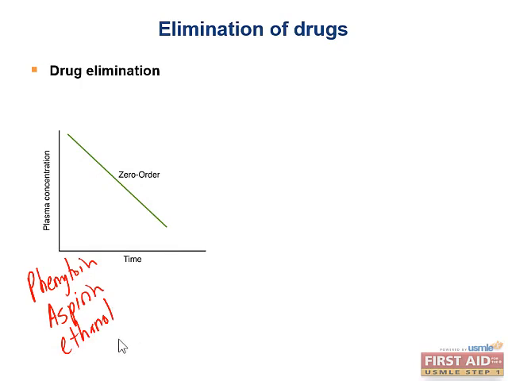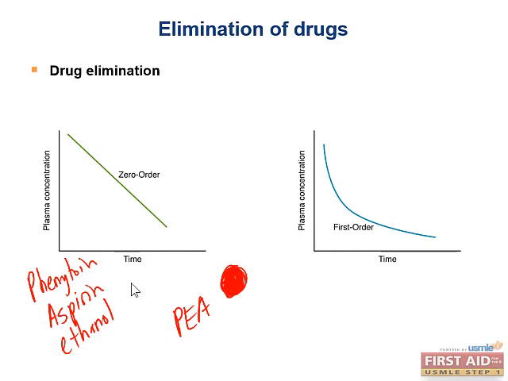These can be remembered by the simple mnemonic PEA. You're probably like me. When I was a kid, I ate 0 peas, and P's kind of look like the number 0 as well. So PEA stands for phenytoin, ethanol, and aspirin. Those are the three drugs that I want you to remember for zero order elimination.